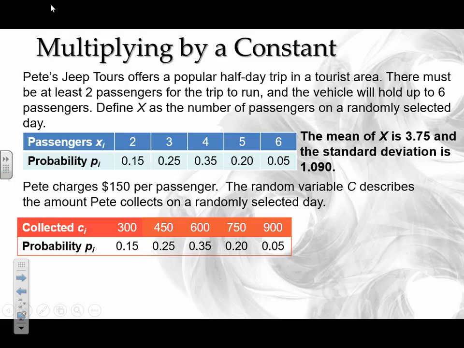Notice the probabilities stay the same, because in essence we're still talking about having 2 passengers, 3 passengers, and 4 passengers. The probabilities aren't going to change, it's just how we're defining our variable now. So if I took x and multiplied everything by 150 to get my new variable, what do you suppose I want to do with my mean to get my new mean?